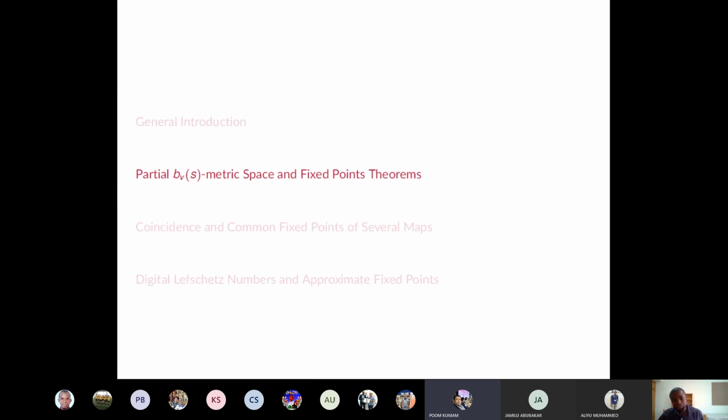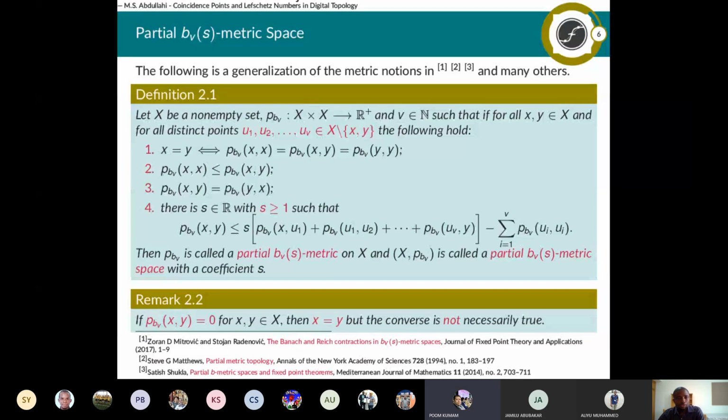In this part I will try to introduce a new definition of a metric space, which generalizes many metric notions, and then I will study some fixed point theory related to this. So this Definition 2.1 is a generalization of metric notions in many directions.